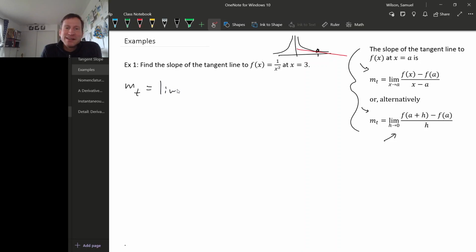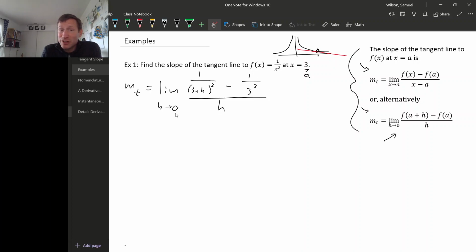So it's the limit as h goes to 0 of 1 over 3 plus h squared minus f of a, and a is 3, so that's 1 over 3 squared, all over h.